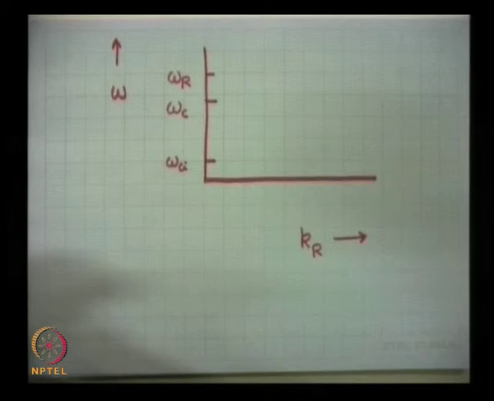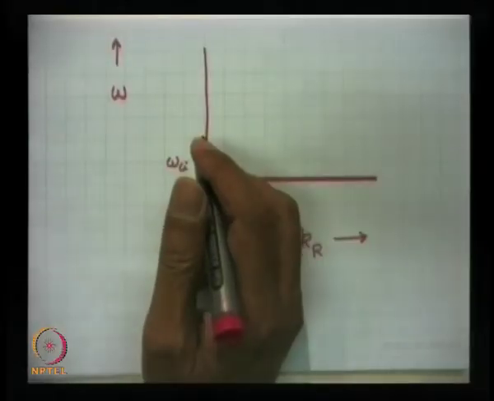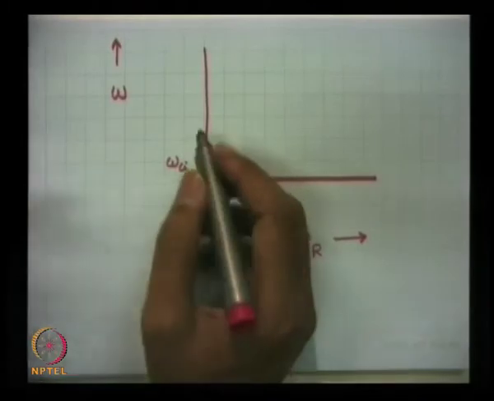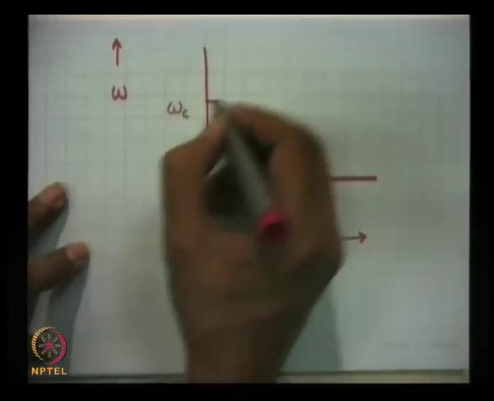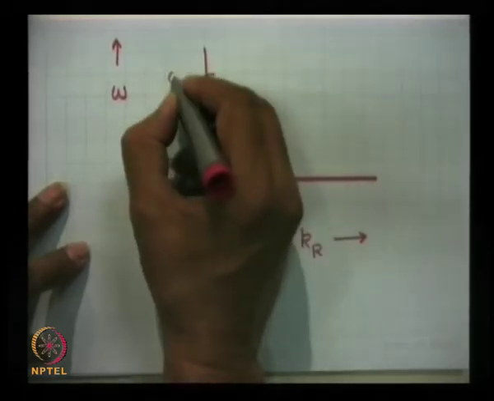The frequencies of interest are, one, the ion cyclotron frequency omega ci, which is three orders of magnitude or more smaller than omega c. So omega c is somewhere here, and then there is a right cutoff omega r.